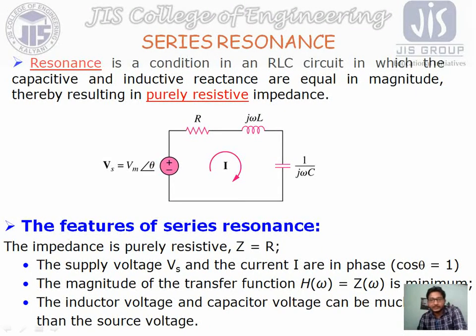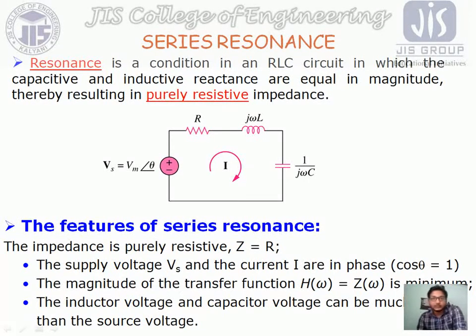And obviously there will be changes of impedance throughout the circuit based on frequency, because at a particular frequency the circuit will have a particular impedance. Similarly, if we change the frequency, it will have a different impedance, so that we will check.